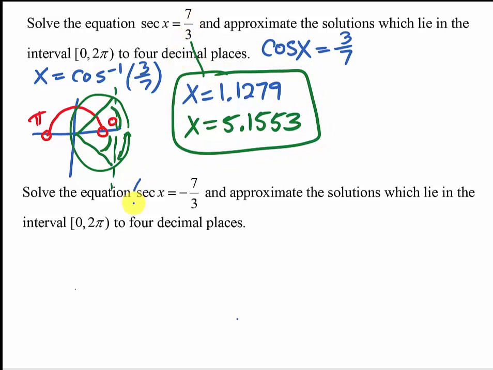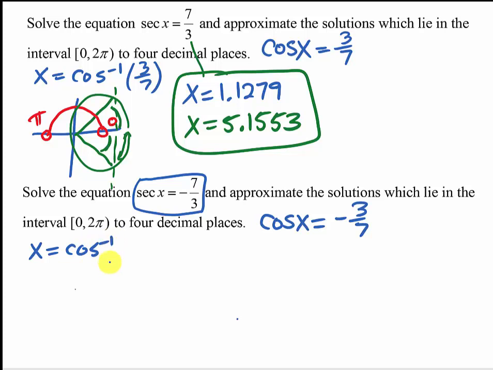Now let's go ahead and look at the same equation, but if it were negative. So I'm going to do the same thing. I'm going to take reciprocals of both sides. So I have cosine x equal negative 3/7. Take the inverse cosine of both sides, and x equal cos inverse of negative 3/7.